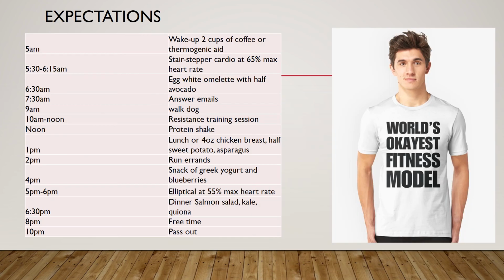So right here, this is just an example of when I was a personal trainer. I would have an individual come up to me and say that they wanted to look like X or Y supermodel or fitness model, and so they would bring a picture to me and say, hey, I want to look like this.